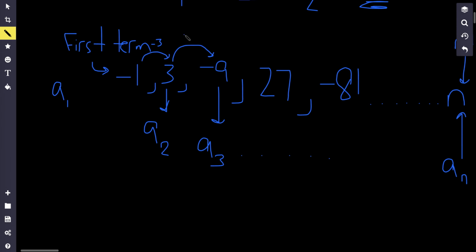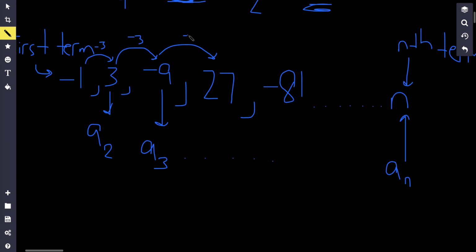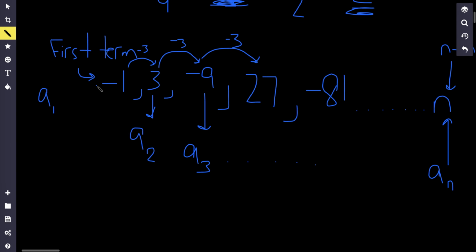If I multiply 3 by -3, I get -9. If I multiply -9 by -3, I get positive 27. So whenever you see a sequence where the signs keep changing, what you're essentially doing is multiplying by a negative number.